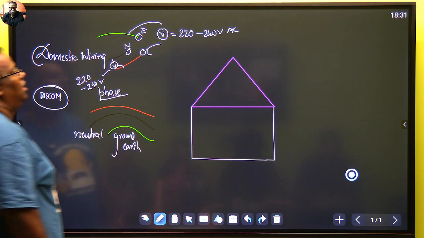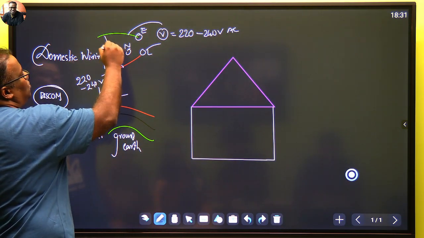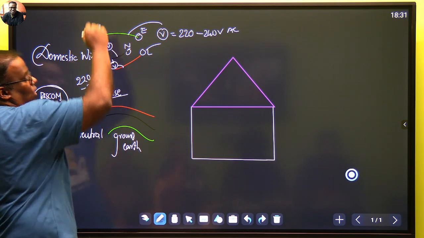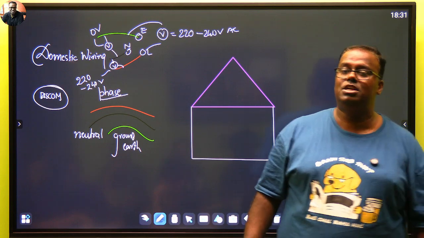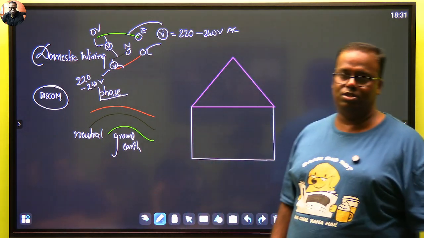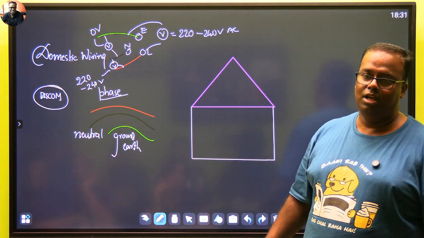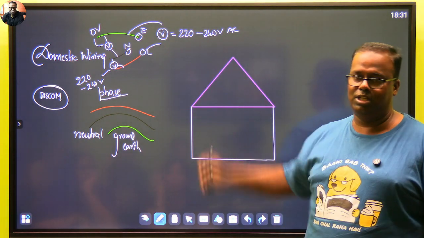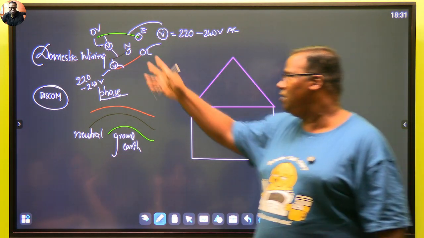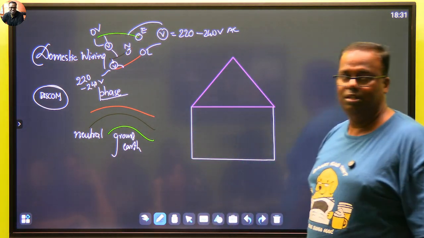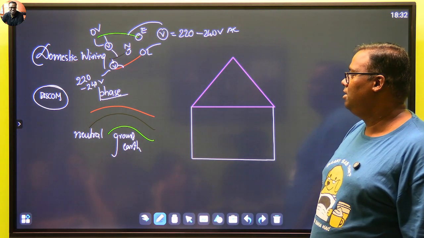And if your connection in the house is very good and you put a voltmeter between these two, you should read 0 volt. अगर इसके बीच में voltage आ रहा है, that is bad. That means current is leaking in your house. In our house, that can never happen because we have a device called RCCB which will immediately trip if this happens. One day we'll show you live also. अगर आपने जबरदस्ती यहाँ पे करंट छोड़ दिया तो वो ट्रिप कर जाएगा आपका. हाँ, ठीक है? So it will trip.